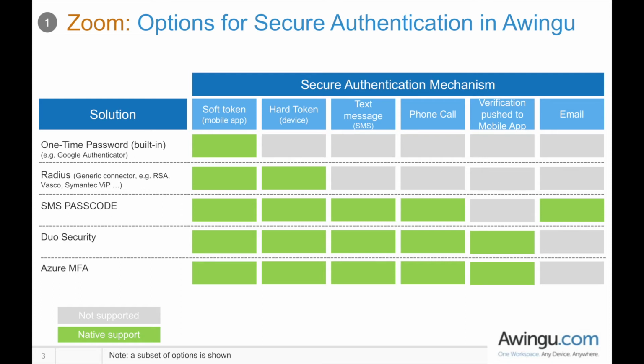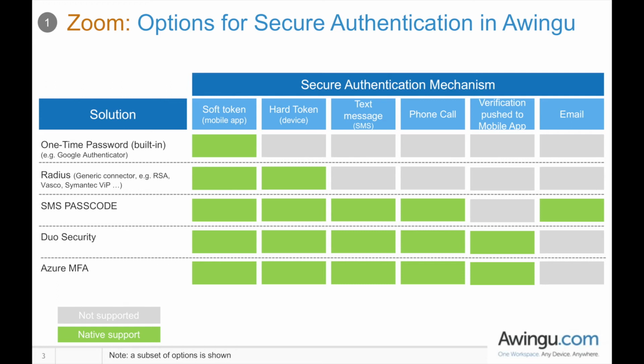So you can very easily, for example, use Google Authenticator or other similar tools. Secondly is radius, and actually we already had a generic connector for radius, which means you could use tokens such as RSA keys and Symantec VIP, etc., etc. What we're adding here in Awingu 3.3 is we're adding SMS Passcode, Dual Security, and Azure MFA.